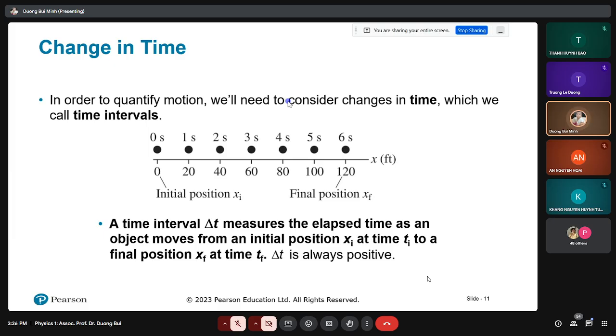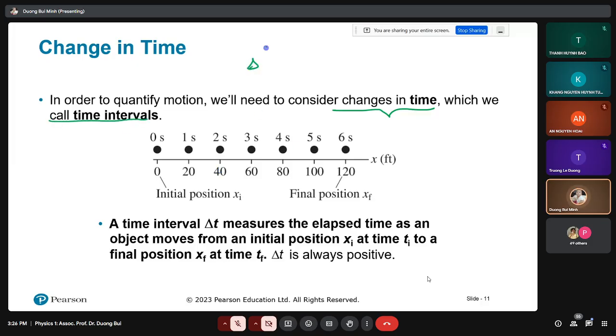Here, for example, we need to consider the changes in time, which we call the time interval. Time interval normally we use delta t, equal to tf minus ti. tf means final time and ti initial time.